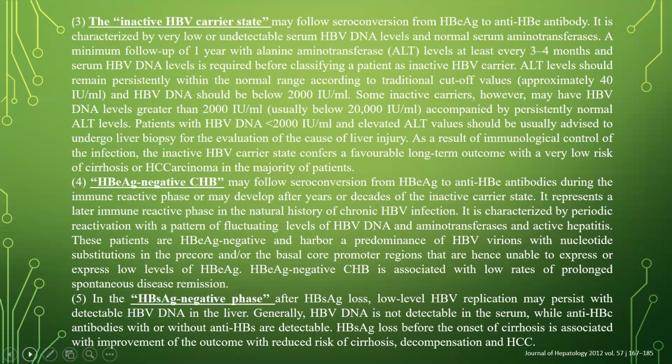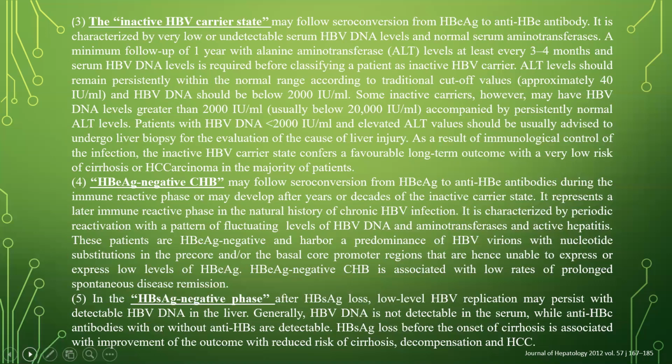The fourth stage is HBe antigen negative chronic hepatitis B. It may follow seroconversion from HBe to anti-HBe antibodies during the immune reactive phase and may develop after several years or decades of the inactive carrier state. It represents a later reactivation phase in the natural history of chronic hepatitis B infection. It's characterized by periodic reactivation, with a pattern of fluctuating levels of HBV DNA and aminotransferases and active hepatitis.